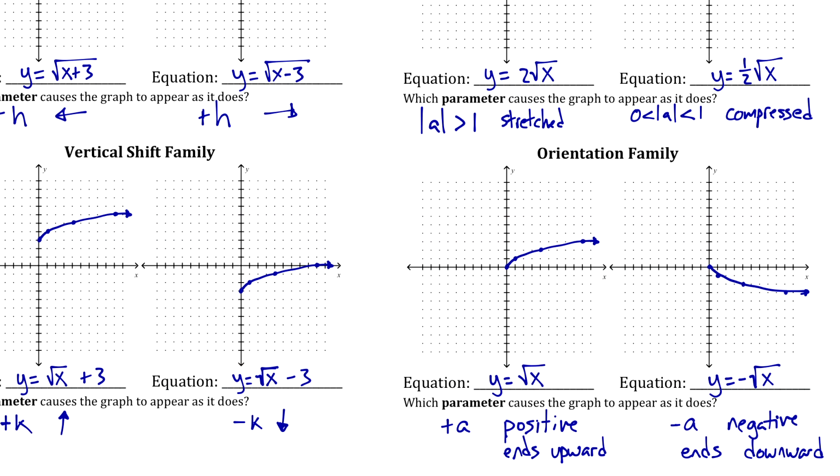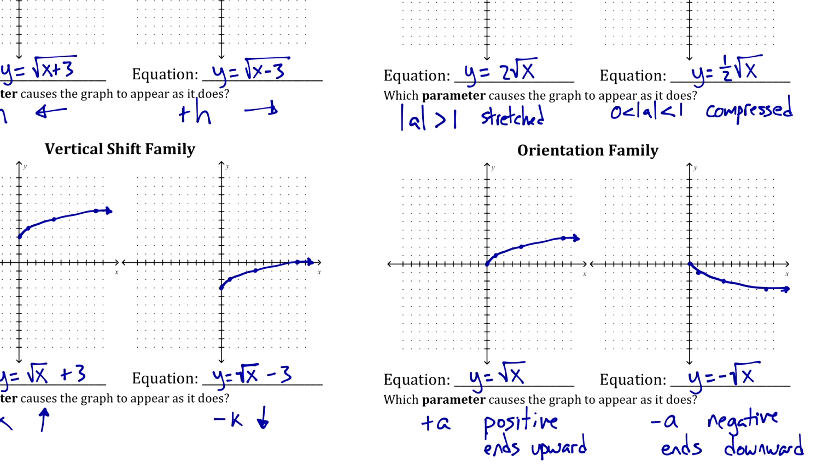So again, negative orientation, there's a common mistake. A lot of times when I ask people to graph the negative orientation of the square root, a lot of times people will graph it to the left, right? They think, oh, I'll just go to the negative direction. But that doesn't work. We are flipping all the y values.